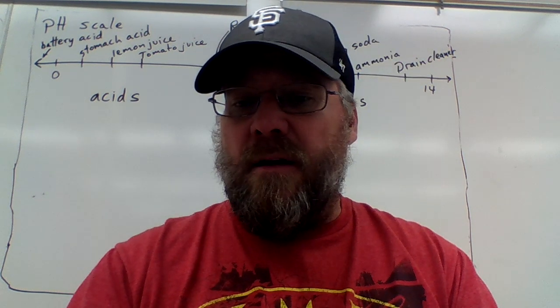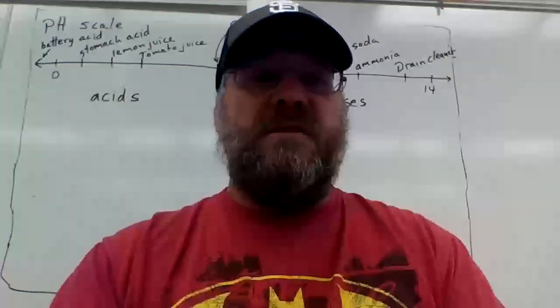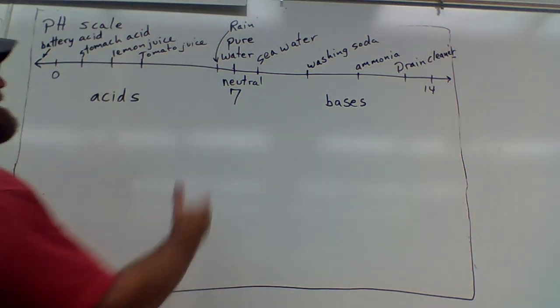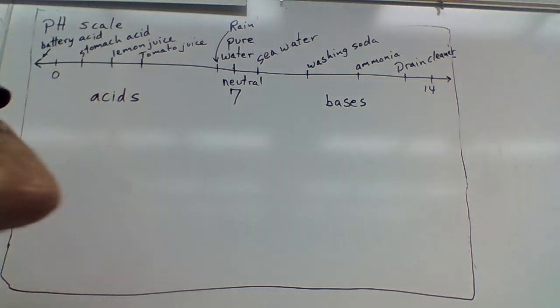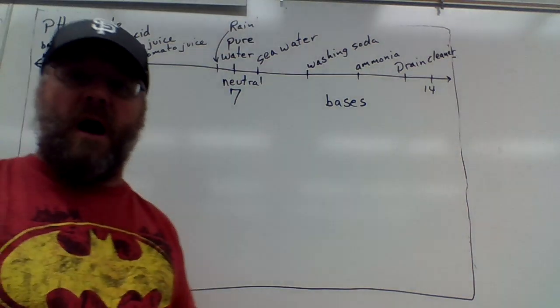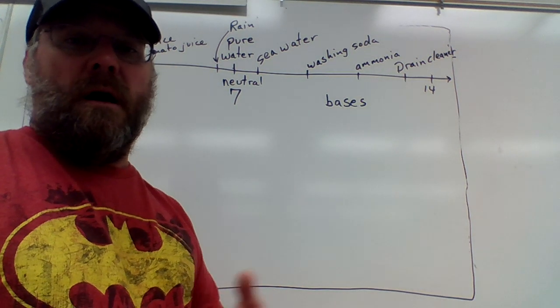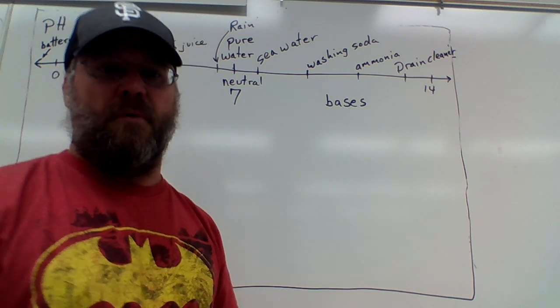So anyway, the last thing I wanted to talk about here is the pH scale, which is up here on the board behind me. Basically, it starts at 7 here in the middle, and that is your pure water. Now, one common misnomer about the pH scale is that it only goes from 0 to 14.